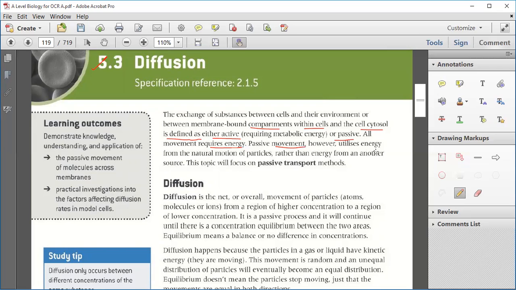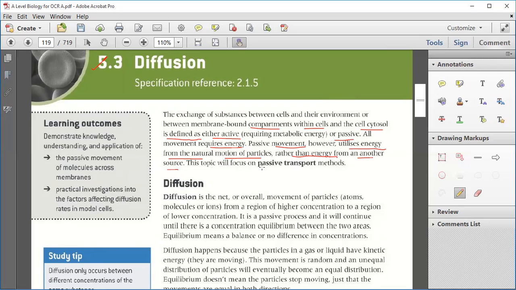Now, passive movement utilizes energy from the natural motion of the particles rather than energy from another source.